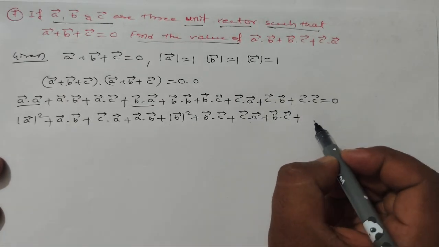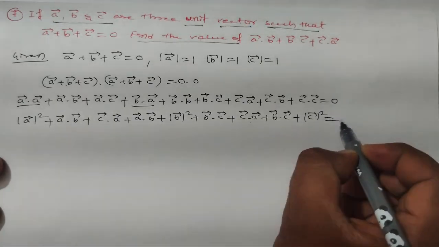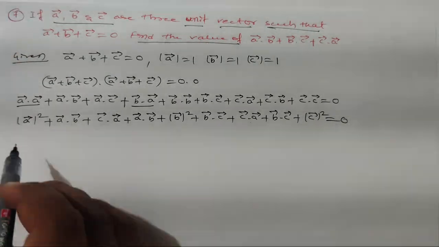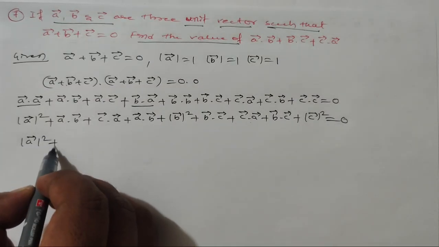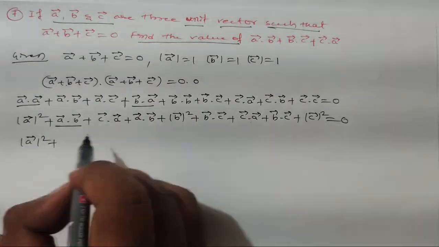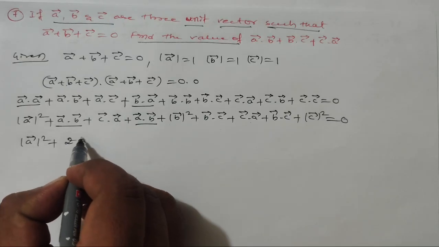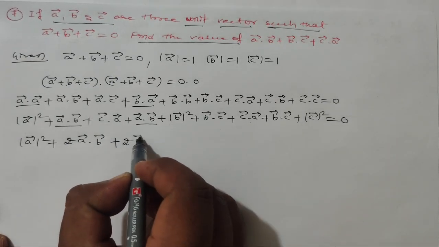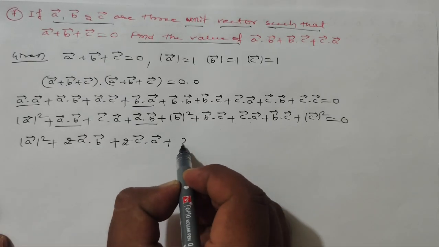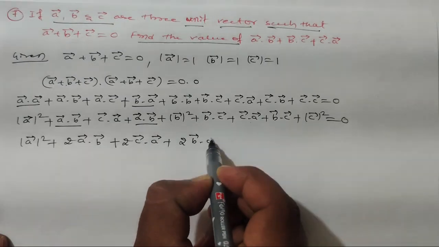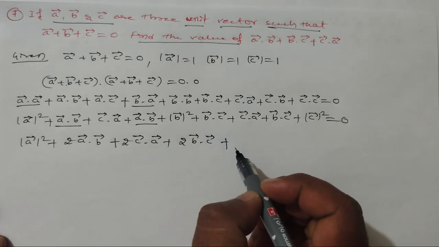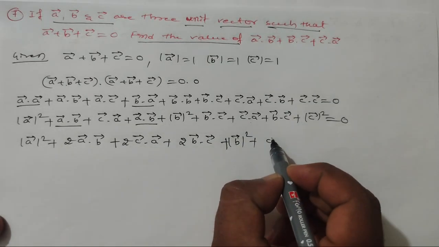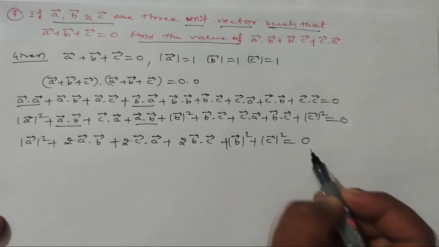What is c dot c? c dot c becomes magnitude of c square, equal to 0, right? So next, magnitude of a square plus 2 a vector dot b vector plus 2 c vector dot a vector plus 2 b vector dot c vector, next plus magnitude of b square plus magnitude of c square is equal to 0.